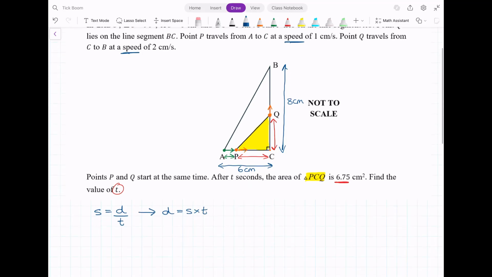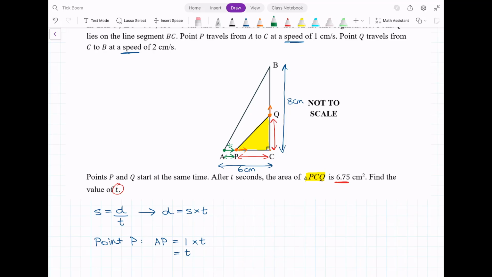For point P, the speed is 1 centimetre per second, and the time is what we're trying to find. So the length AP is the speed of 1 centimetre per second times time. So actually that length, AP, is simply equal to T. I'll annotate that onto the triangle.